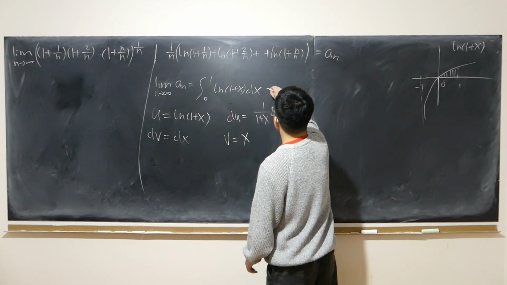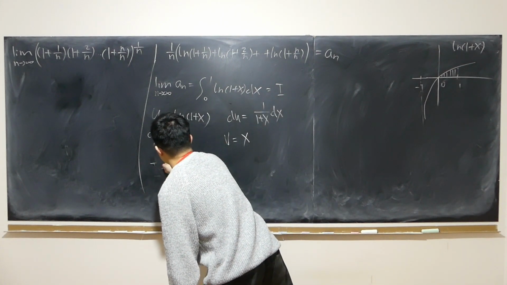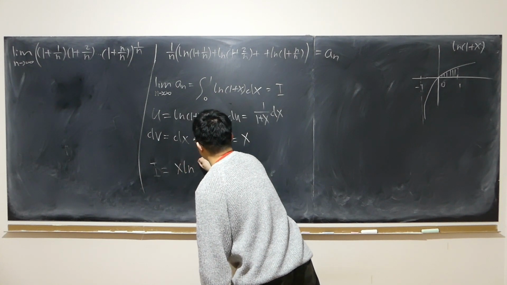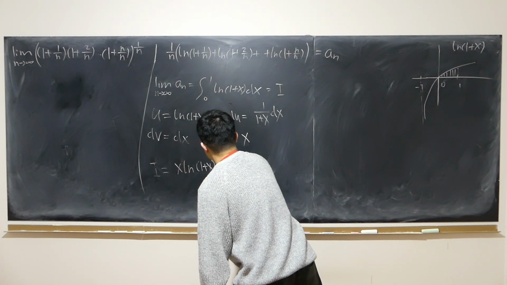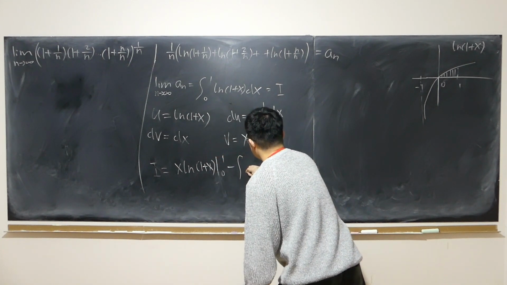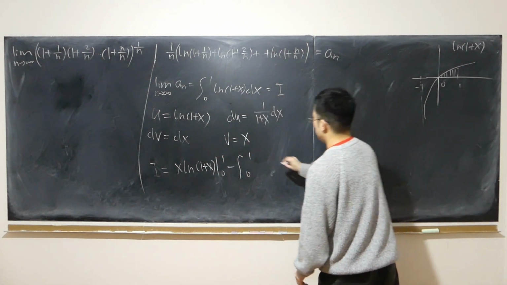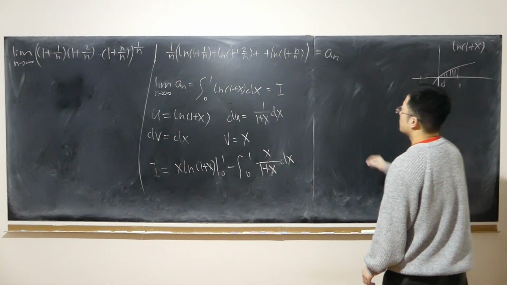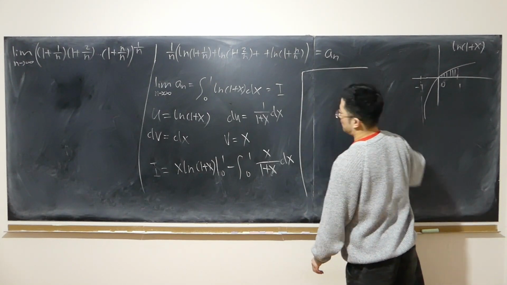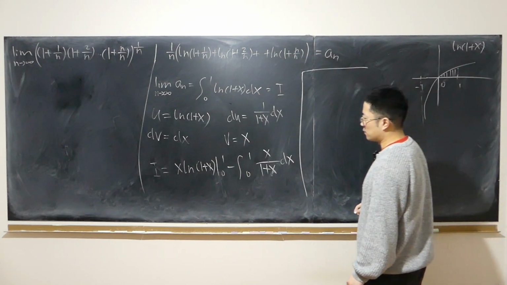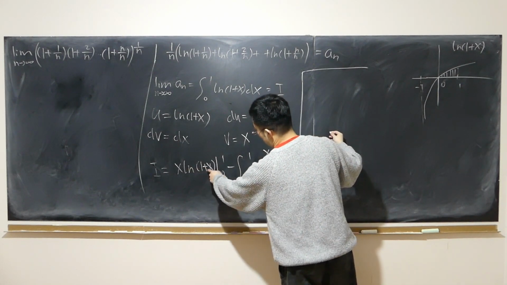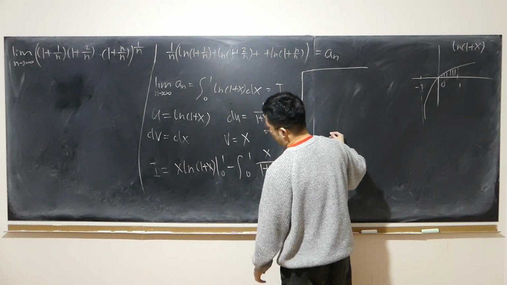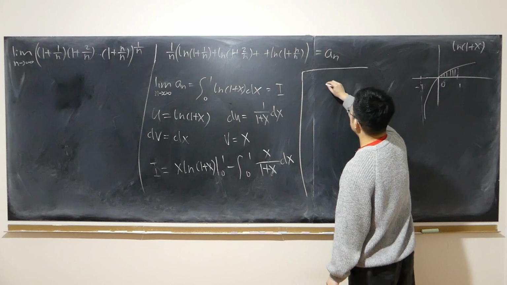And this integral is easily uv, x times log(1 + x) from 0 to 1, minus the integral from 0 to 1 of v du. With 1 going into x, I have 1 times log 2. With 0 going into x, I have log 1, and log 1 is just 0. So I have exactly just log 2 for this part.